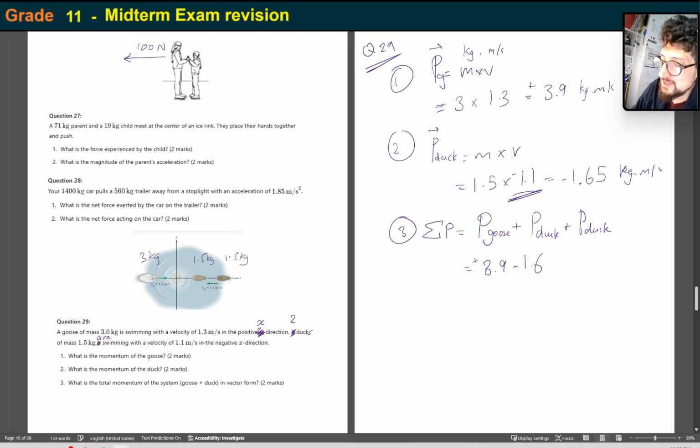So sorry, I just did that in my head, and I should have explained it before doing it. So that's what happens, you just add all the momentums, and so you end up with 3.9 minus 1.65 minus 1.65, which is 0.6, or positive 0.6 kilograms meters per second.